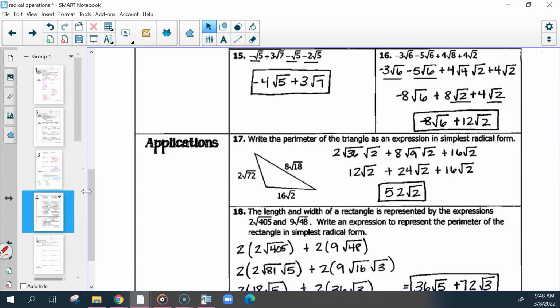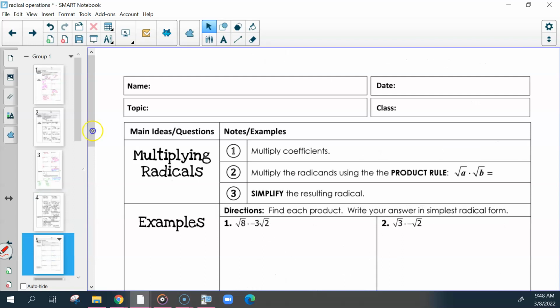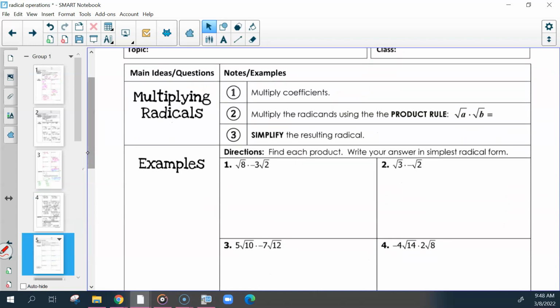Very briefly, we're going to start multiplying, but we're not going to finish it, and then we'll finish it next class. Me, personally, I feel like multiplying is easier, but I'll let you make that decision. So when we multiply the numbers out front together, so the coefficients together, then we multiply what's underneath the radicals, so the radicands, together.